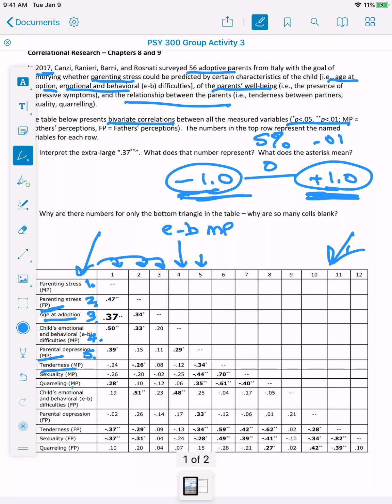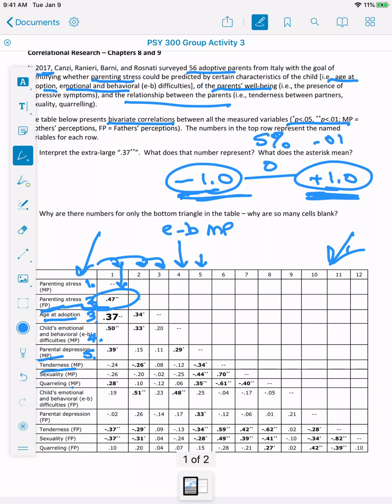And then in each cell, where the rows and the columns coincide, we look at the r value and whether there's an asterisk indicating that the p-value is significant. So, for example, here we have row 2, parenting stress rated by dad, and its relationship to column 1, which is the parenting stress as measured by mom. In other words, these two measures, how strongly do they associate? Parenting stress by mom, parenting stress by dad.